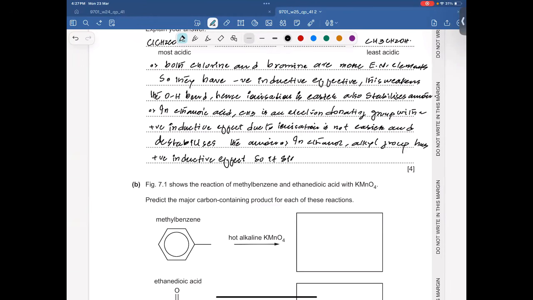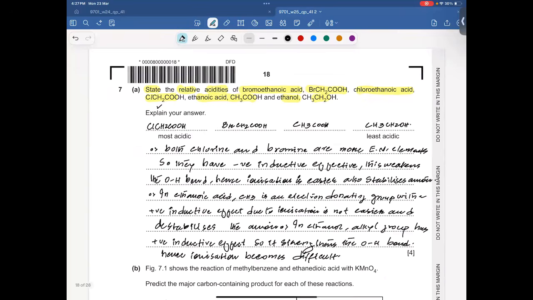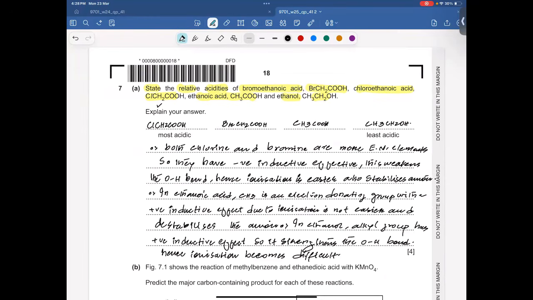So it strengthens the OH bond, hence ionization becomes difficult. This area I have discussed with you in theory classes in such a detail that you should have an idea how to go about such explanations. But let me show you.